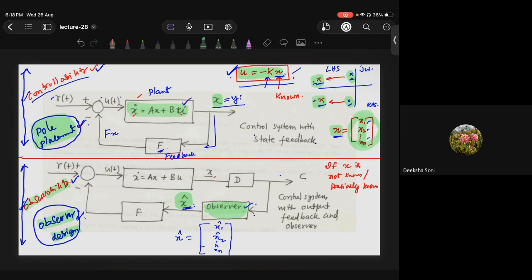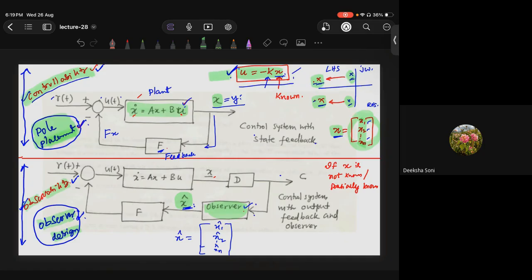So we take the system from one state to the other. To do that, first we need to check the controllability. Clear? We know how to check the controllability. After checking the controllability, we come to this step.